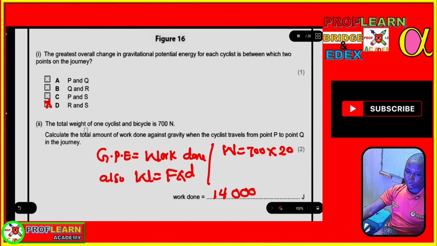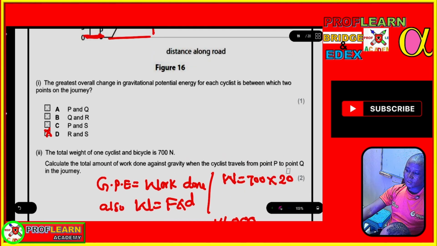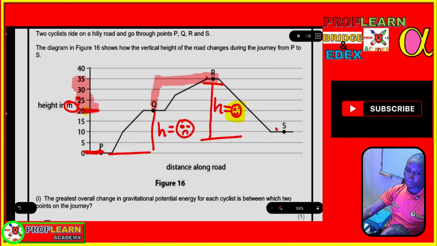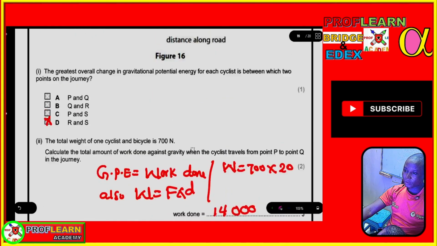The total weight of the cyclist is 700 newtons, calculate the total amount of work done. So we know that work done is force times distance. So if the distance you can see from this point to this, cyclist for which region?